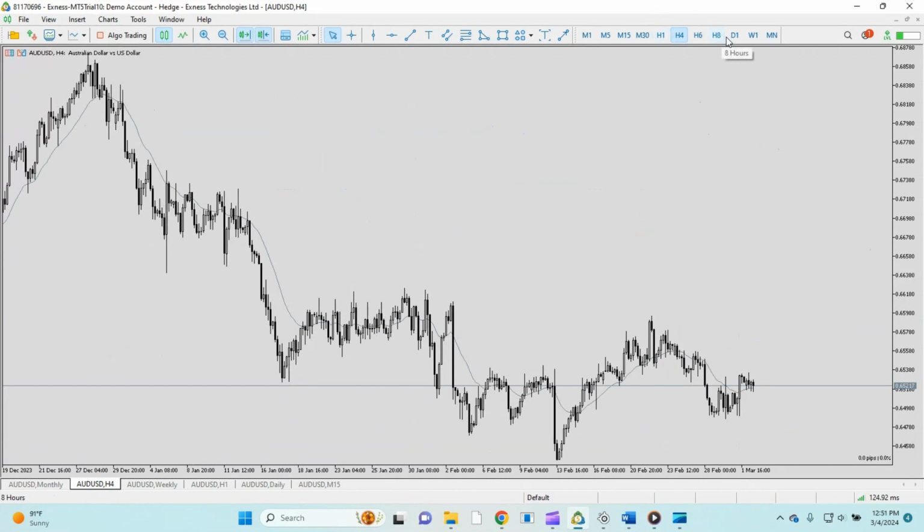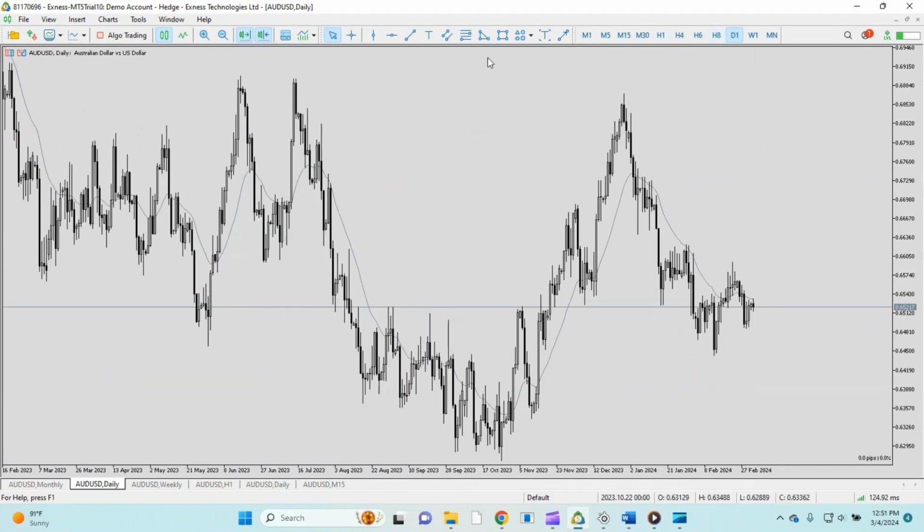So let's get a cue from the daily time frame. In the daily, we have a demand level here, and I think we have liquidity. This should be liquidity. Is it liquidity actually? Okay, it is the liquidity.